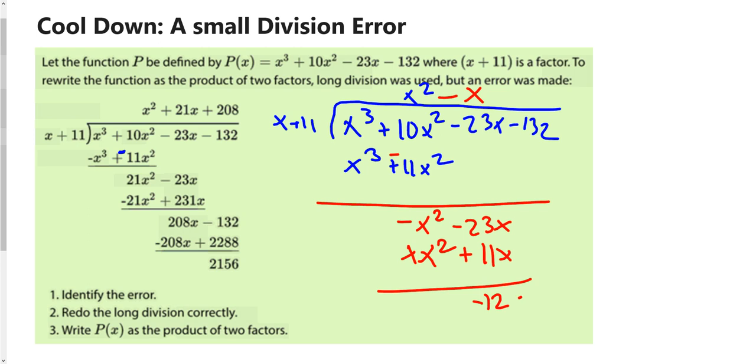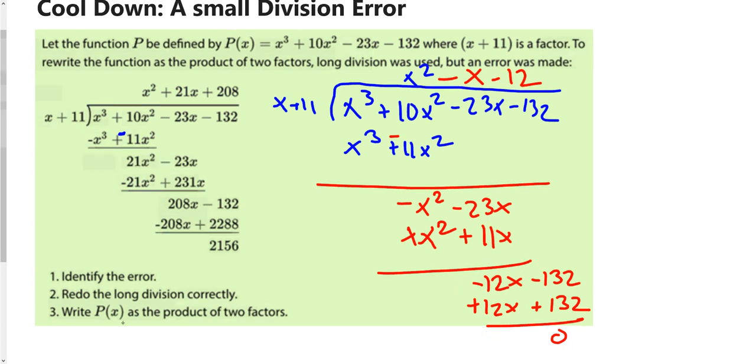So negative 12x minus 132. So negative 12 divided by x, that's minus 12. And so negative 12 times x is negative 12x. Negative 12 times 11 is negative 132. Change the signs, and now it works.